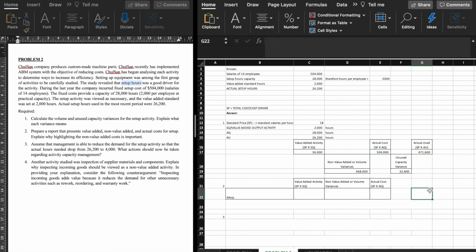Next question. Prepare a report that presents value added, non-value added, and actual cost for setup. Explain why highlighting the non-value added cost is important. As we can see, we input the value added, non-value added, and actual cost for setup, which we already calculated before.